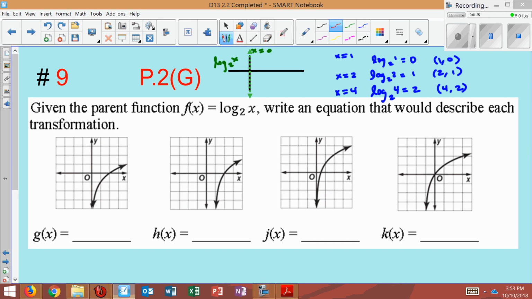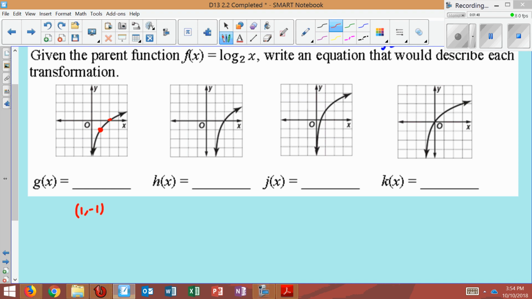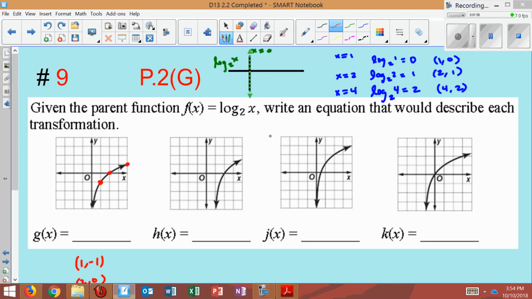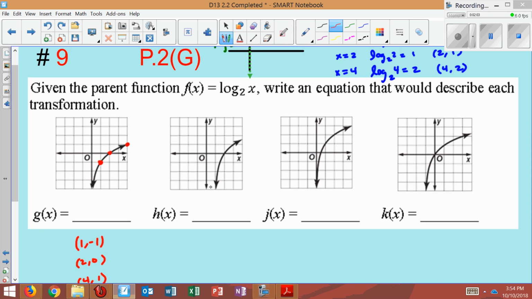If I look at my good points, I see I have a point here at 1, negative 1. I have this point here, which is 2 comma 0. And then I have this point here, which would be 4 comma 1. As I compare these to one another, I find out that the only thing that's happened is the y's have been subtracted by 1.